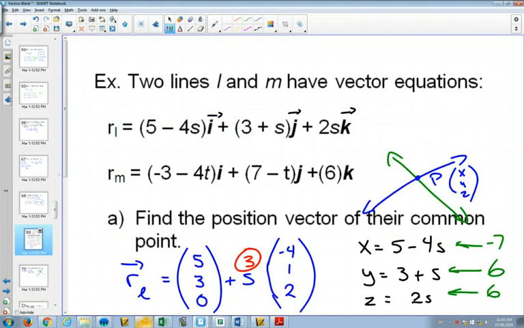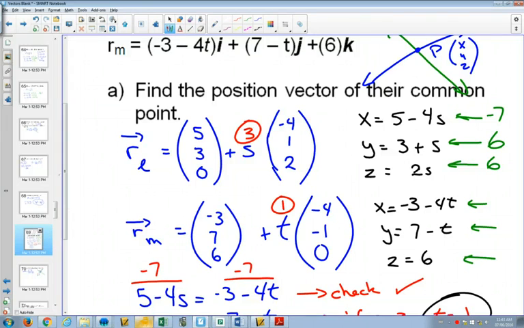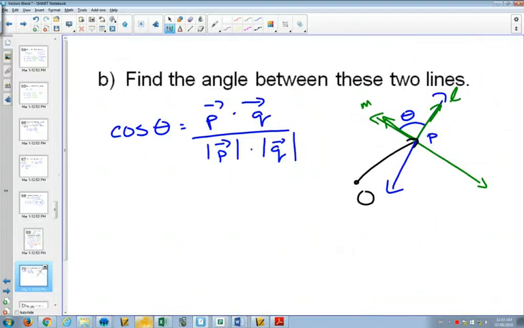When we look at our equation of a line, remember, these are always starting points. They're points on the lines, but they're starting points. So if I look at one of the starting points on the green line and one of the starting points on the blue line, those would just be position vectors like that as well.